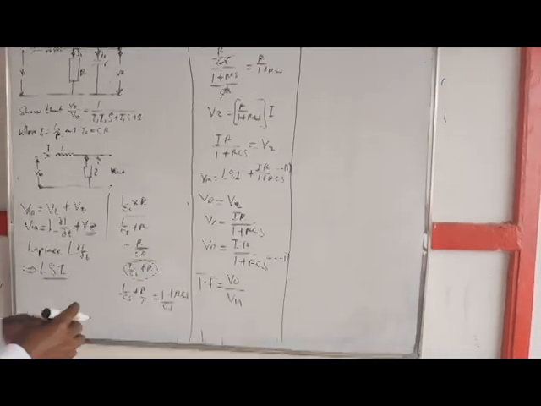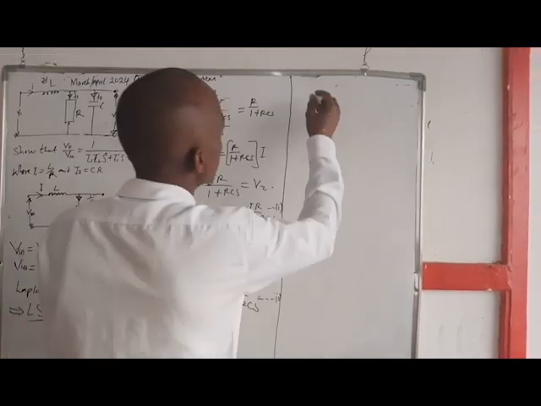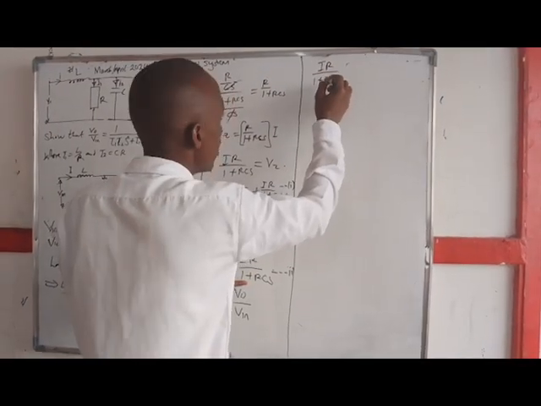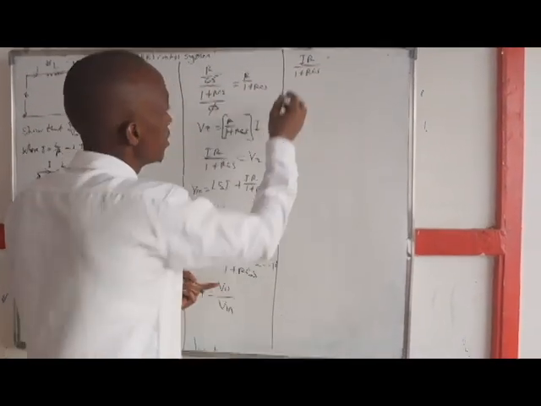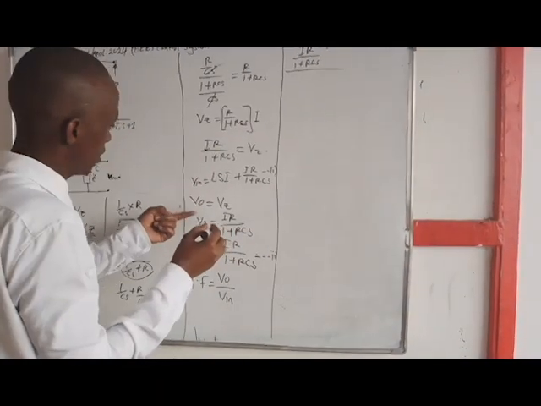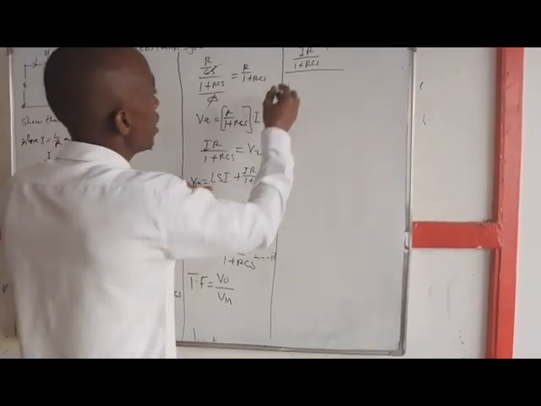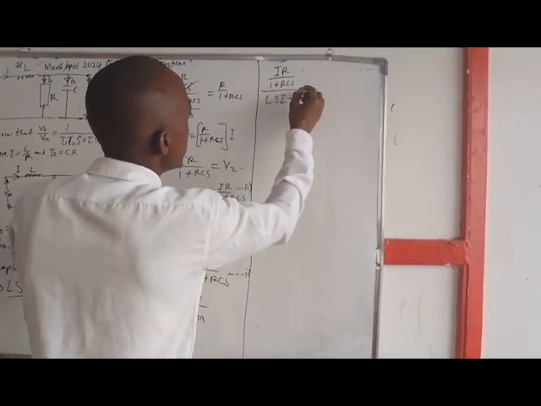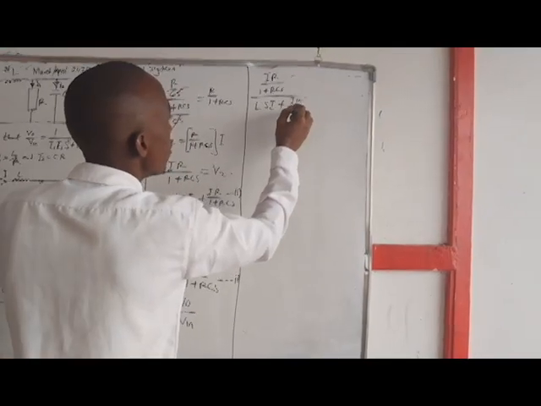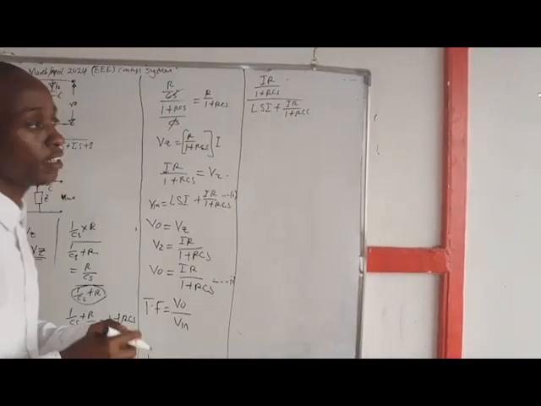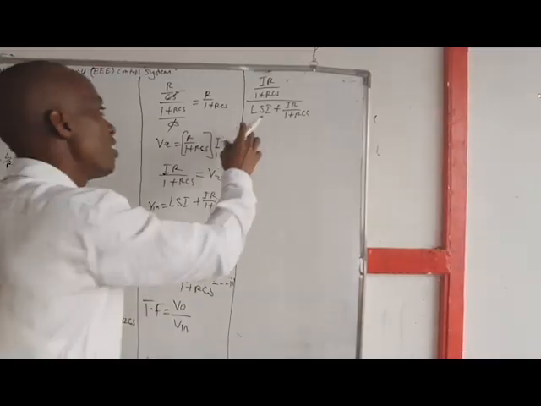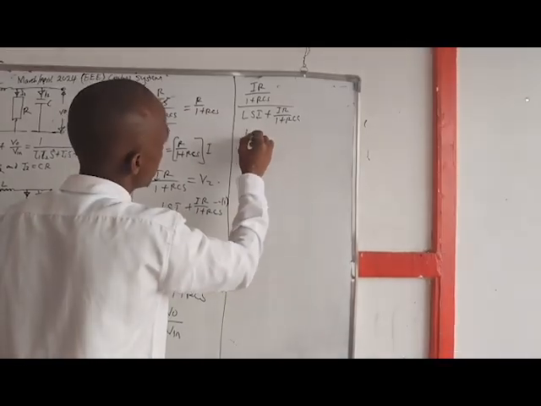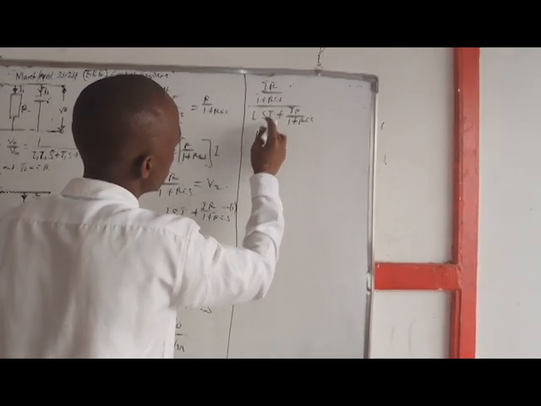Now the value of VO is I R over 1 plus RCs, divided by V in, which is L s I plus I R over 1 plus RCs. Let's now work again on the denominator.